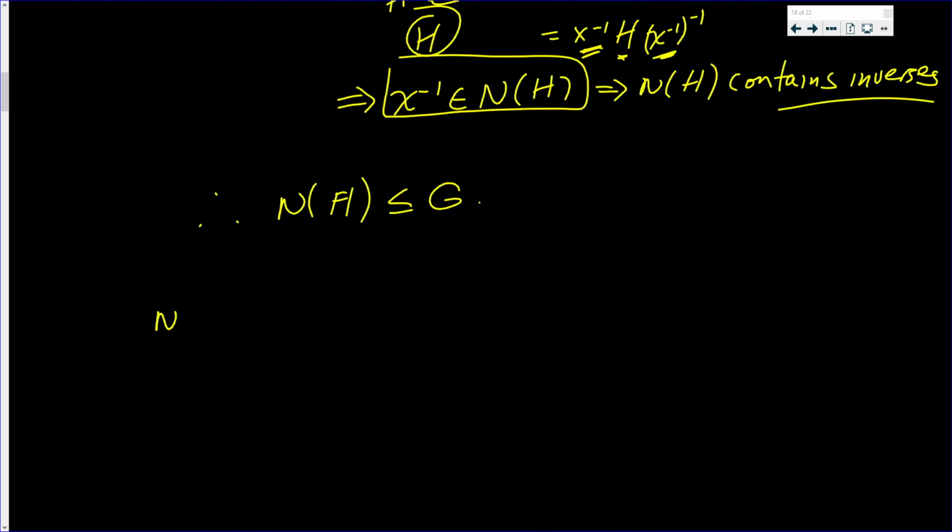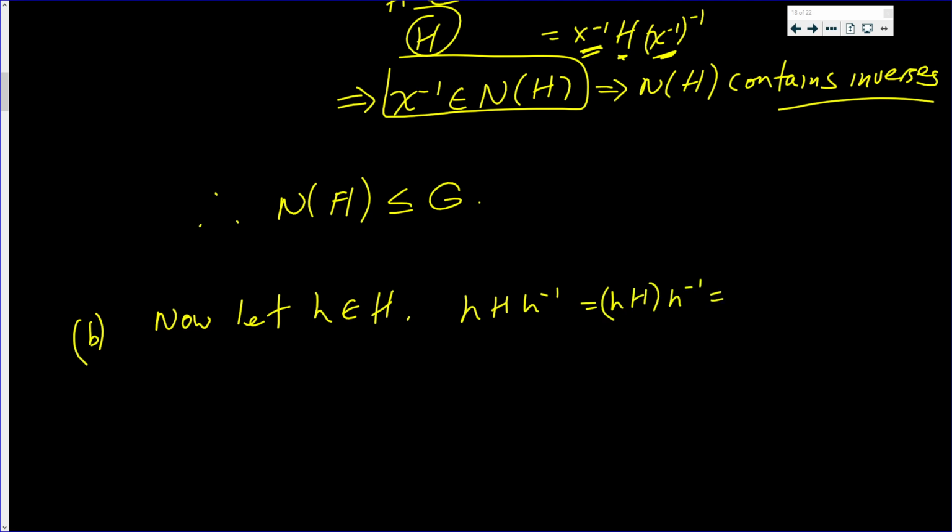Okay, so part B. Now, let little h be in H. Consider h times H times h inverse. This is little h times H, times h inverse. But if you multiply an element that's in H by the subgroup H, you get back the subgroup H. So this is H times h inverse.